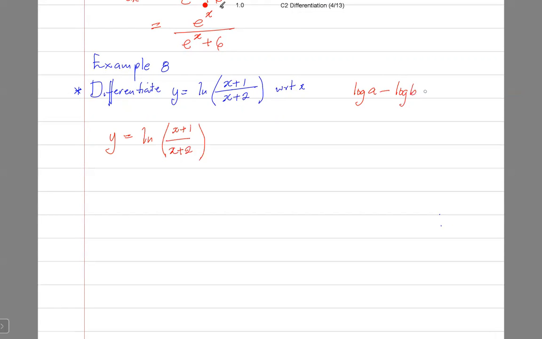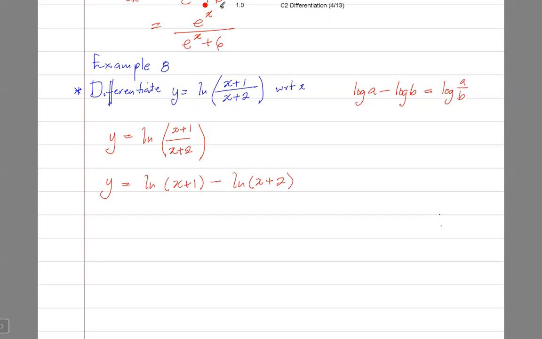So this is the log of a divided by b. So the reverse is also true. If I have one log, I can make it into 2 logs. If I have 1 log and I'm dividing, I can make it into 2 logs by subtracting the logs. So I could say that y is equal to ln x plus 1 minus ln x plus 2.